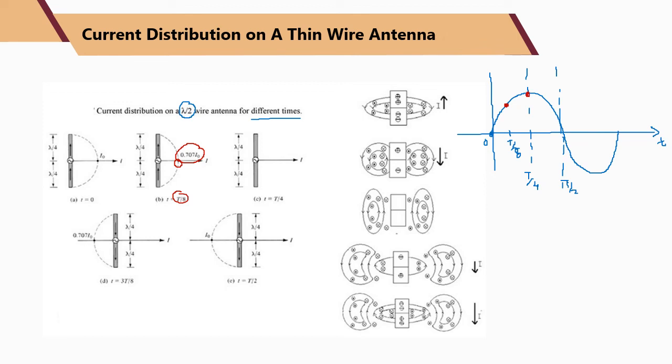And then at T over 2, this point, and then at 3T over 8. So we can estimate the total current exhibited at different time intervals based on the same structure, a lambda over 2 dipole antenna.